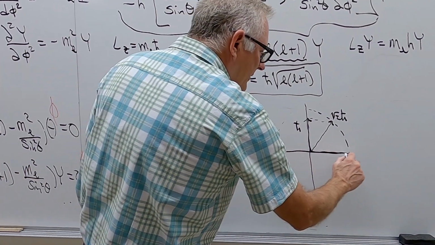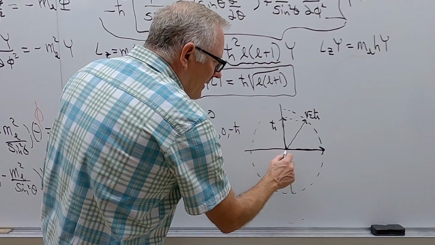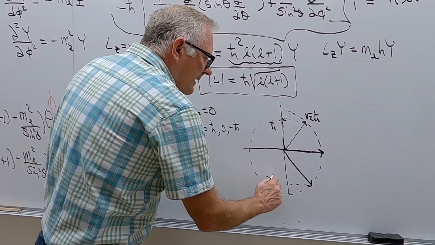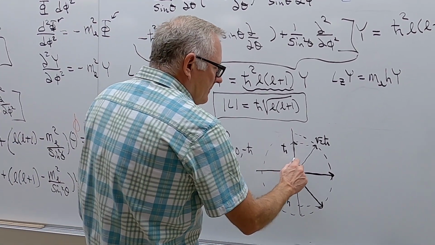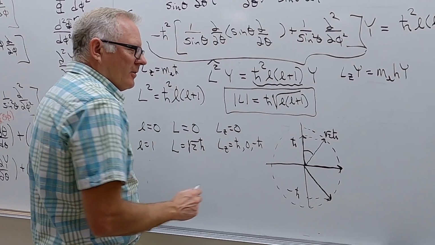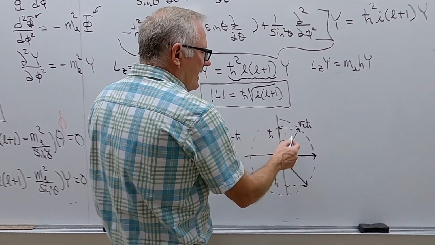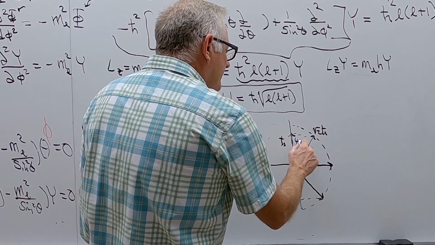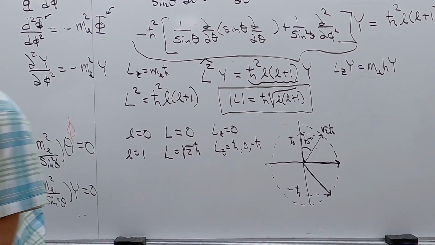Well, that would mean you'd have to be over here like this, or it could be minus h bar. So it's going to be down here, where this is minus h bar. And if we wanted to get this angle right here, we can see that the cosine of this angle is this side over that side, which is 1 over the square root of 2, which is 45 degrees right here.